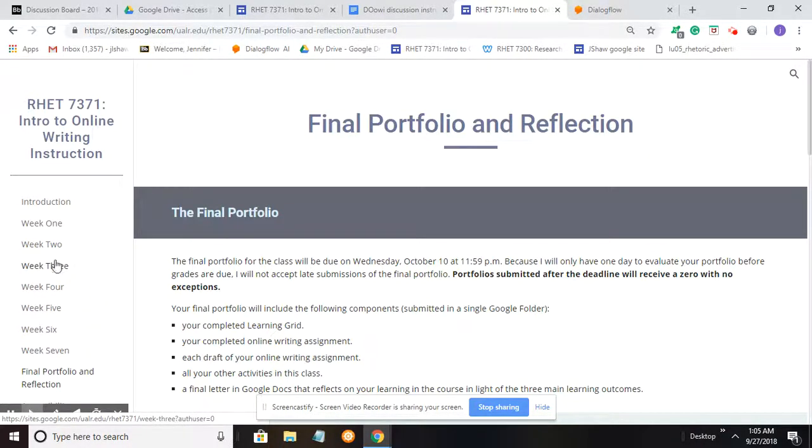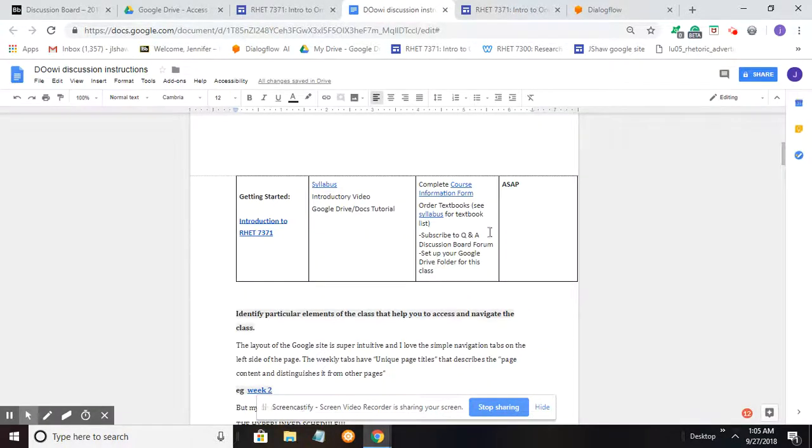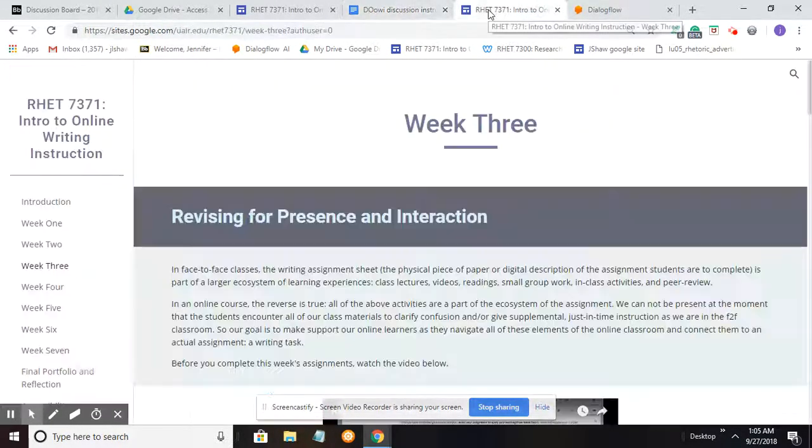Now, one of my issues with this site is, I don't know what size screen you're watching this video on, but my screen is probably 16 inches wide. So I have about 13 or 14 inches of left to right here, and that's long for my eyes to read. I don't know why it's difficult for me to read this, but going from reading this page to reading this page, it's a different experience.